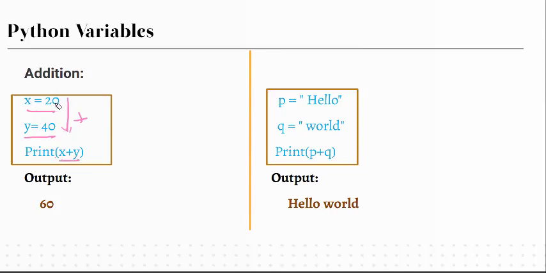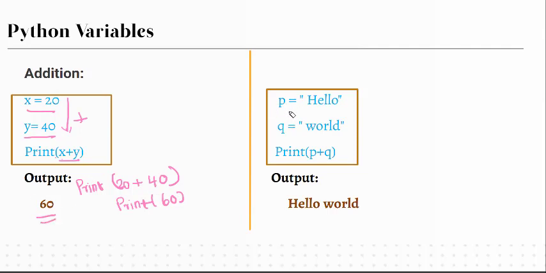So x is assigned 20 and 40 is assigned to y. So 20 plus 40, print of 60. So now we get the output as 60.